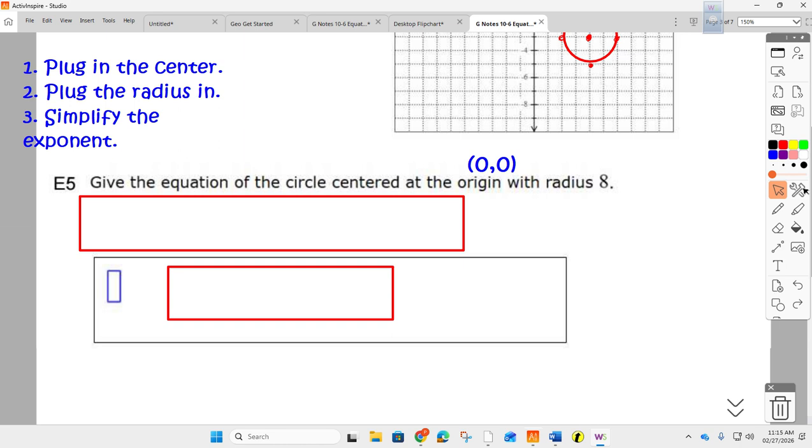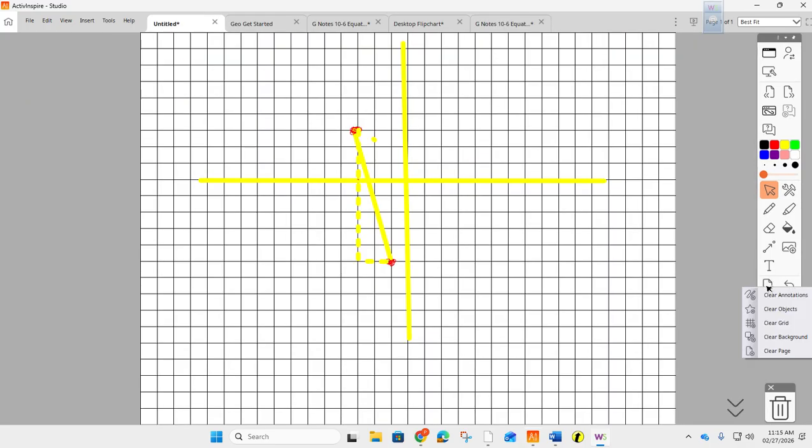So I think the way to explain this one is to show it to you on a coordinate plane. If it's at the origin, it's just going to be the distance from the origin, which, remember, if the origin is the center, that's the radius, right? The radius is the distance from the center of the circle.